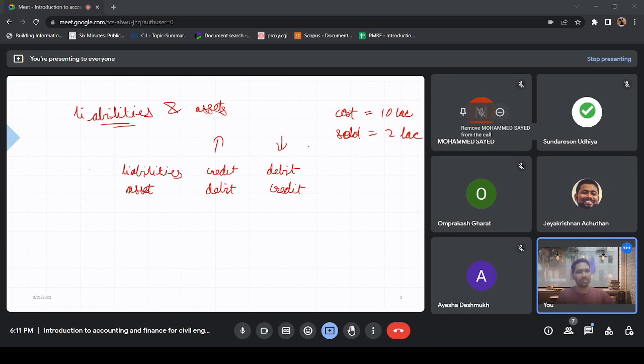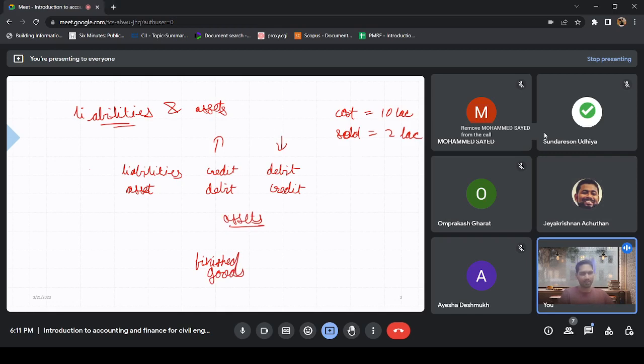This cost would have been initially your finished goods, which is either work in progress or sold. No, it's already finished, that's why we are ready to sell it. So finished goods would have been 10 lakh.